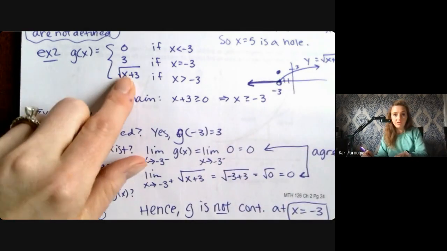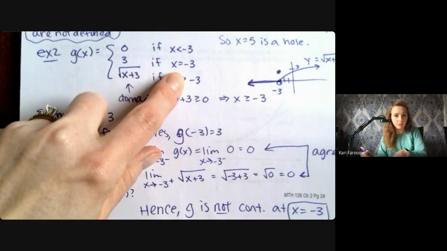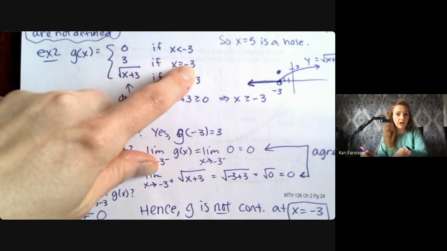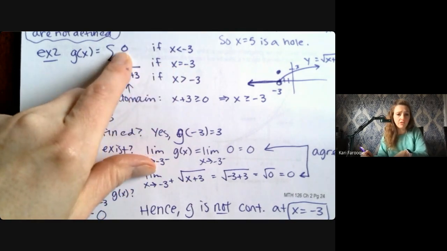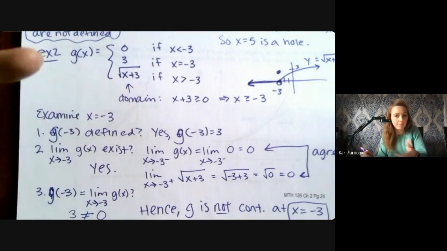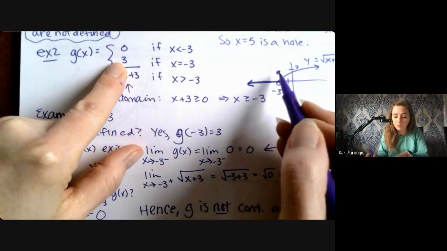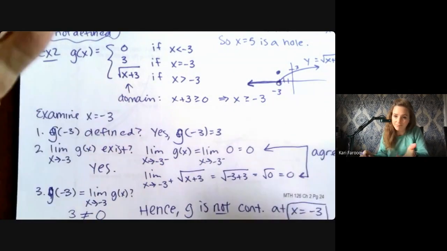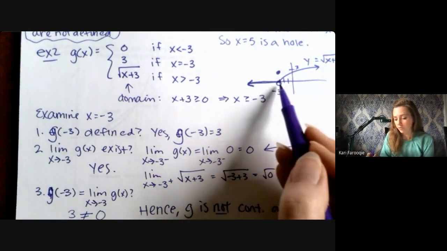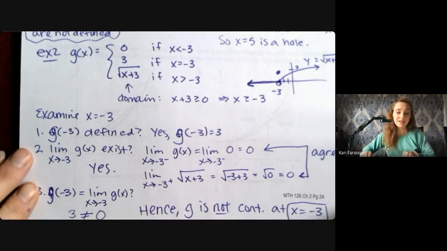Now, if I would have instead said that g of x equals 0 at x equals -3, or if this condition would have just been gone altogether, we could have said that g of x is 0 if x is less than or equal to -3, then we would have had continuity. But the pure fact that we move up to 3 at this point means that the function's not continuous. We got a hole in the graph. We can't draw it without lifting our pen or pencil.